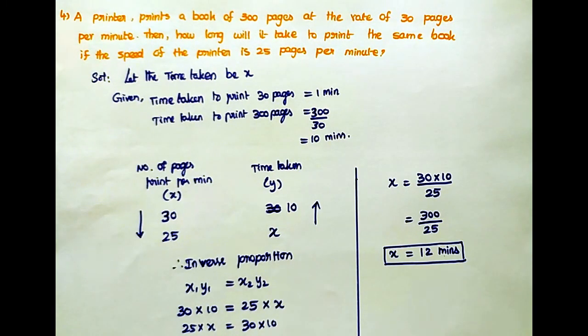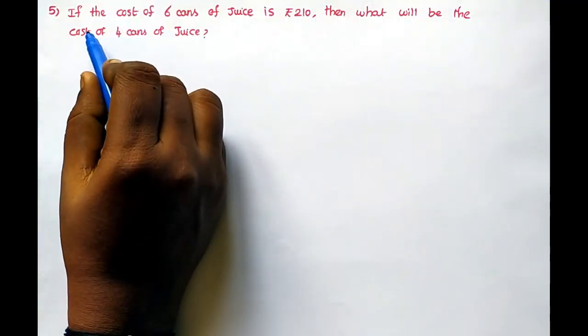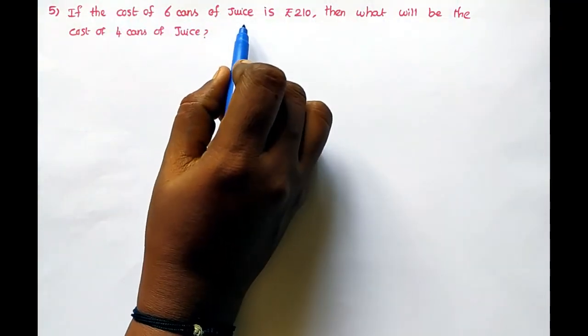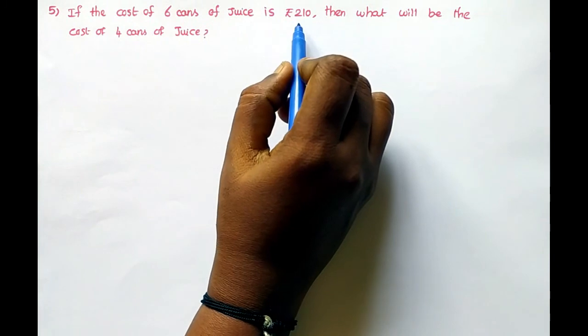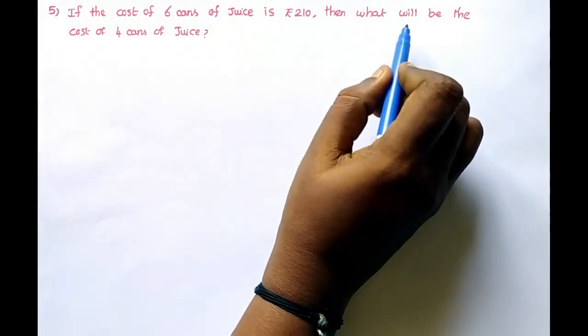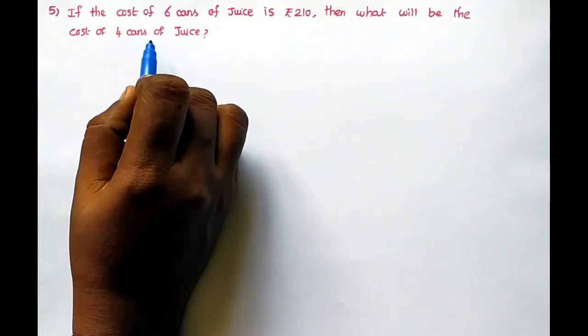That is the answer. Fifth sum, if the cost of 6 cans of juice is rupees 210, then what will be the cost of 4 cans of juice?